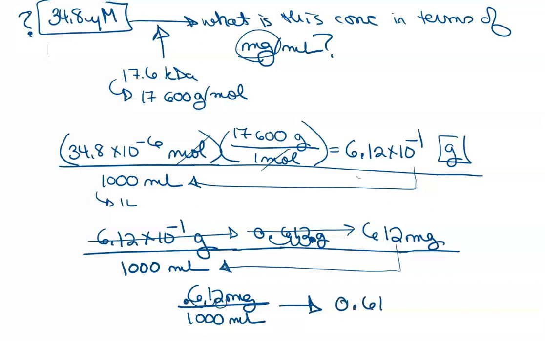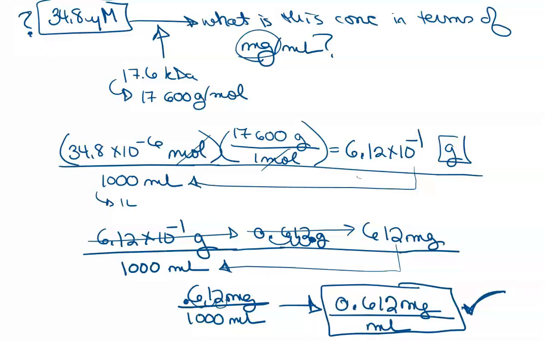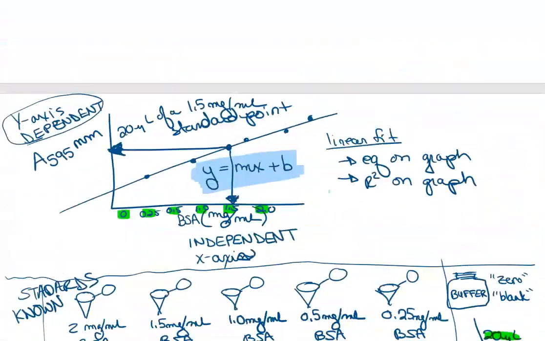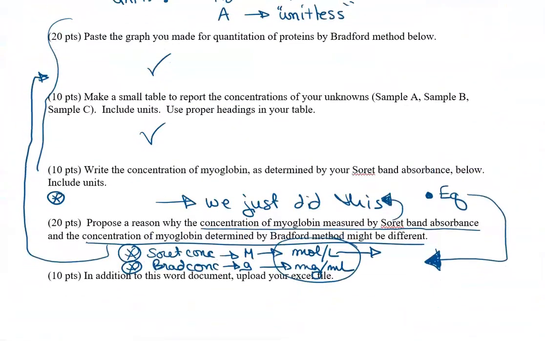So we have 0.612 mgs per ml. This is the equivalent concentration to this concentration. We've gone from a concentration of molarity to a concentration in terms of mg per mil, and they're not going to give you the same concentration. That's what we're looking at in this question here.